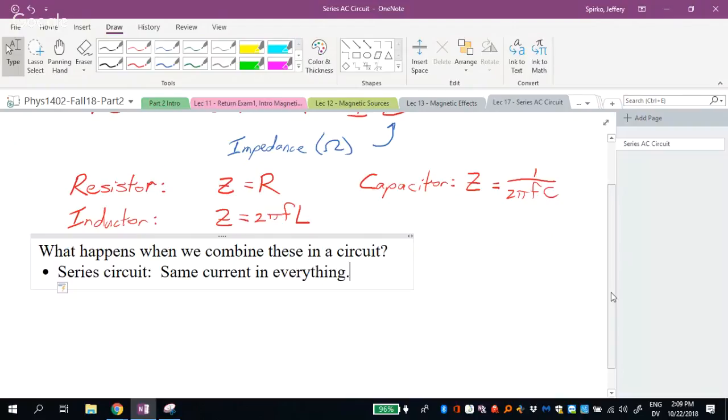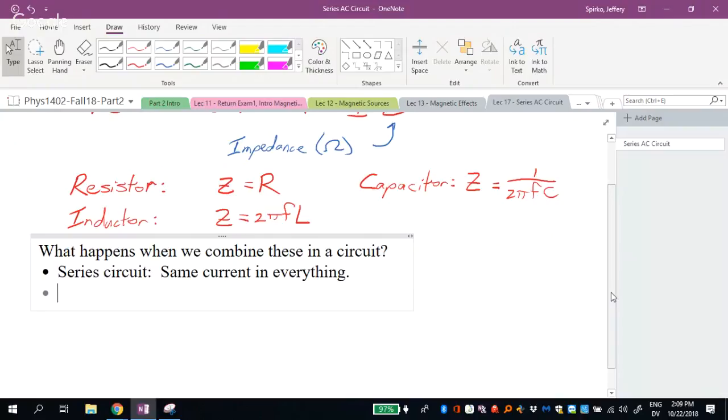There are two types of circuits we could look at: series circuits or parallel circuits. As it turns out, the math is a lot easier for series circuits, and we're only going to do those. The parallel circuit math is a little bit more complicated, and we're going to skip that. I'll mention one idea about the parallel circuit as we get toward the end of today, but that's about it.